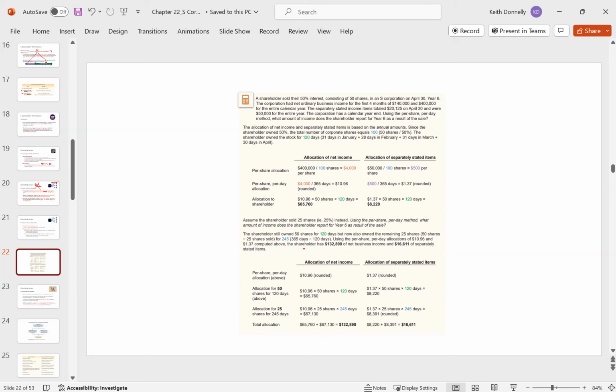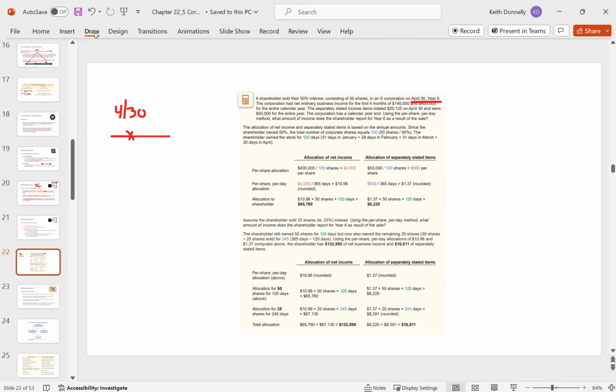So here's a lot of math, but let's summarize what's going on. We have a shareholder. They sold their 50% interest consisting of 50 shares in an S Corp on April 30th. So we have a sale on 4/30. It looks like the S Corp had net ordinary business income for the first 4 months of 140,000 and 400,000 for the entire year.